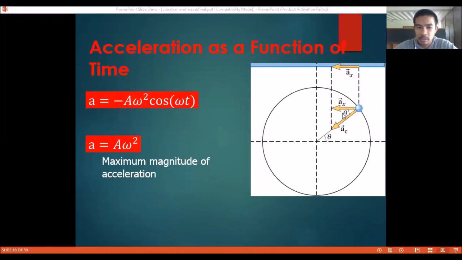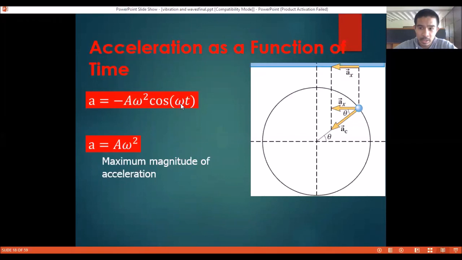So we have the cosine theta. Cosine theta here is a_x over a_c, which is the hypotenuse of this right triangle. We form a triangle out of this line, a_x and a_c. So we have the acceleration equals negative amplitude times the square of the angular frequency, cosine of omega t.